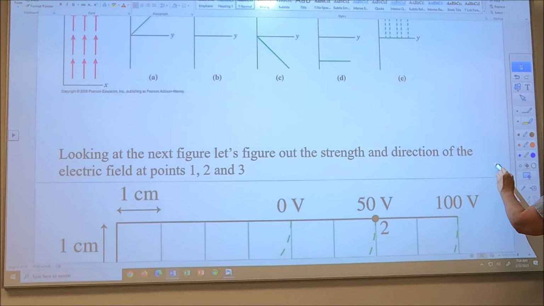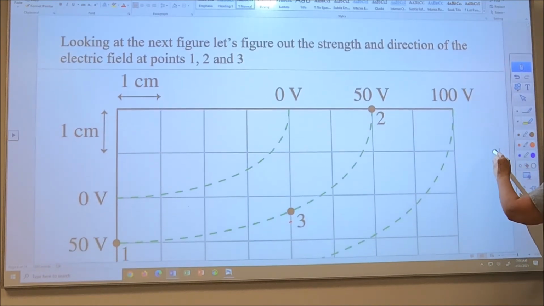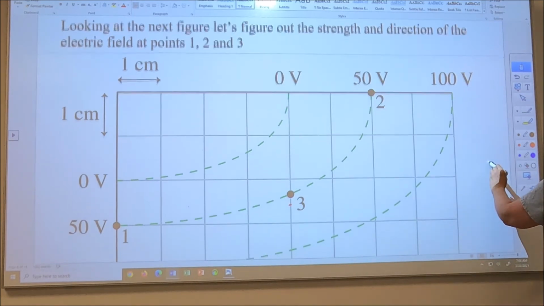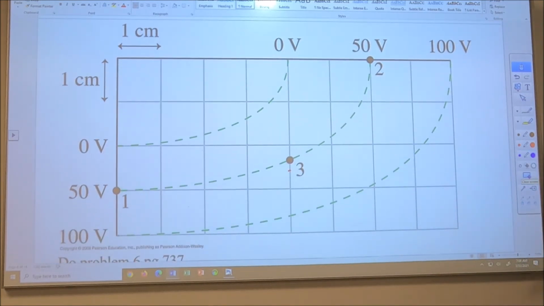Now, let's look at this figure. Here we don't have a uniform electric field, but we do have equal potential surfaces. I can use equal potential surfaces to help me figure out the strength of the electric field in a region in space.